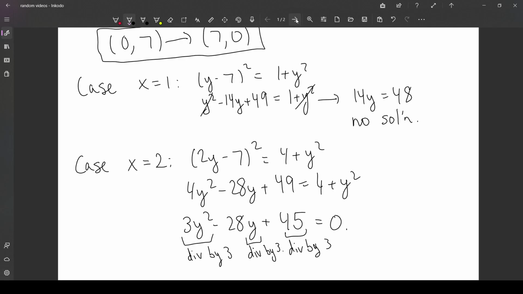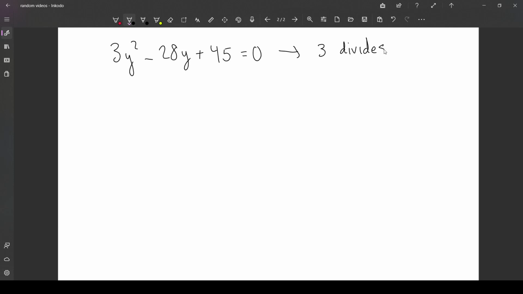So I'm running a little low on space here, so let me just copy that equation down again. So 3y squared minus 28y plus 45 equals 0. And so what we have is that 3 divides y, if y is an integer solution to this.